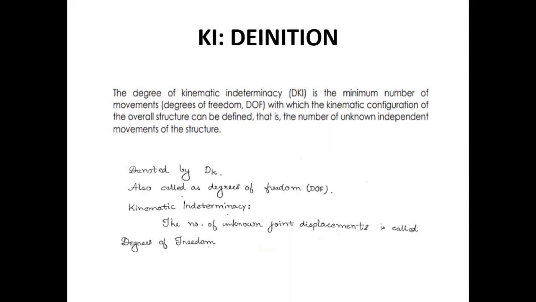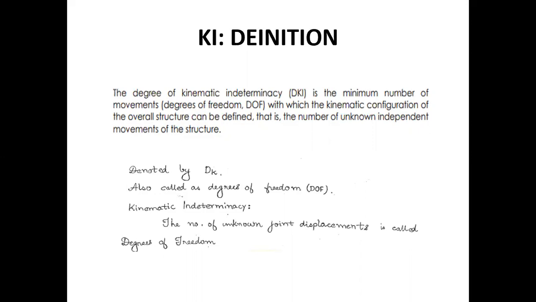First of all, what is the definition of kinematic indeterminacy? The degree of kinematic indeterminacy is also represented as DKI. It is the minimum number of movements, or degrees of freedom, with which the kinematic configuration of the overall structure can be defined.